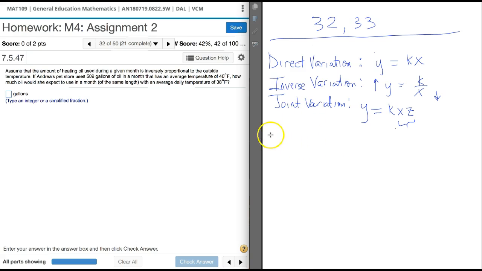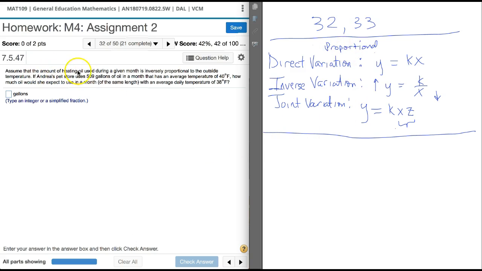So when we look at the problem that we have here, we're trying to read this to see, are they telling us something about direct variation, inverse variation, or joint variation? And of course, they're going to use the word proportion or proportional instead of variation here, but that's really what it is, okay?